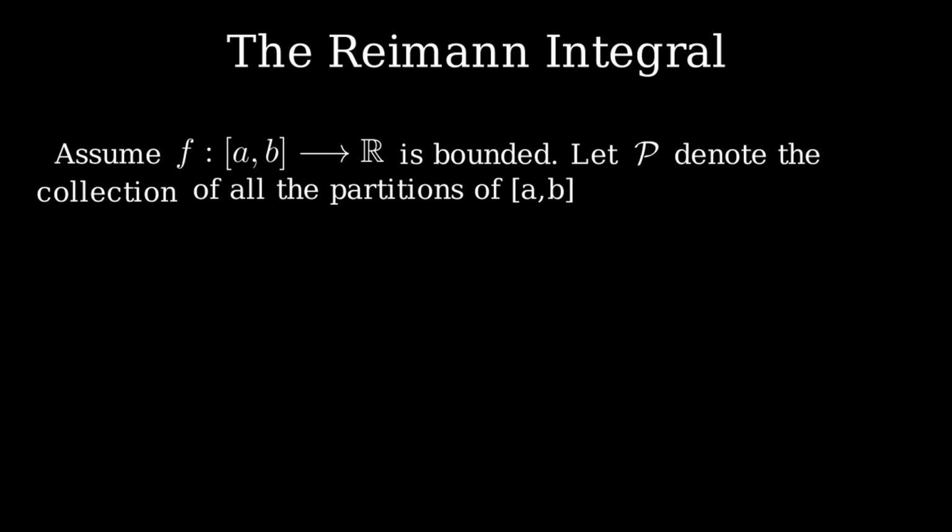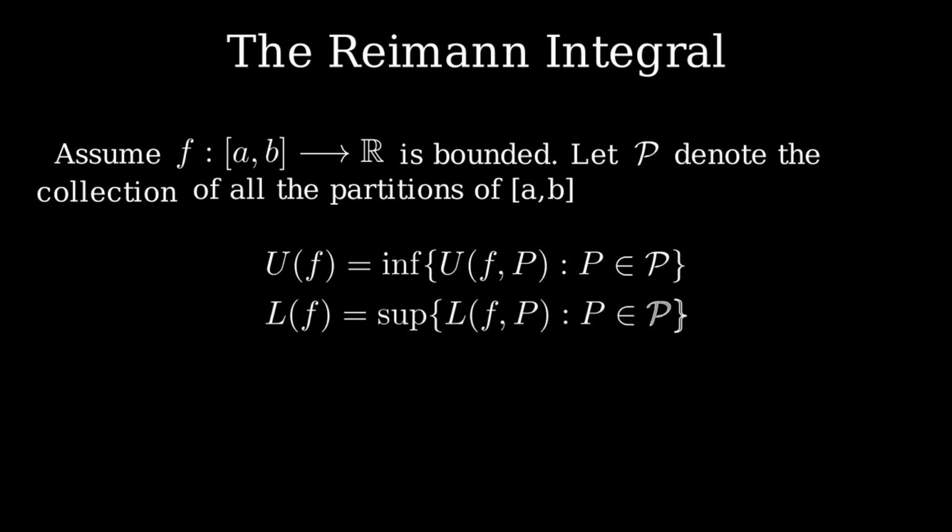We will define the upper sum of f, U(f), as the infimum of the set containing the upper sum of f with respect to all the possible partitions of [a, b]. Similarly, we will define the lower sum of f, L(f), as the supremum of the set containing the lower sum of f with respect to all the possible partitions of [a, b].